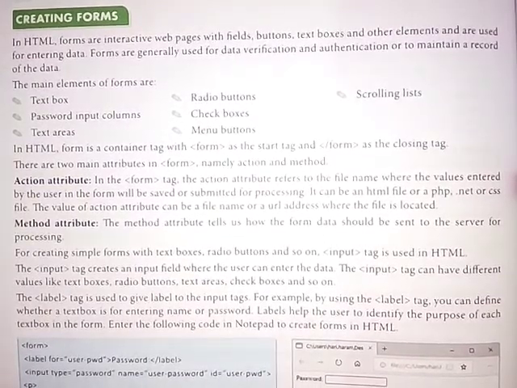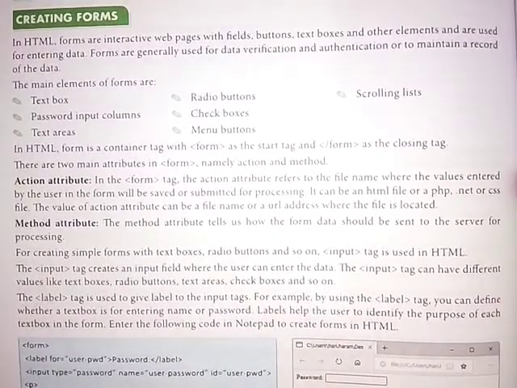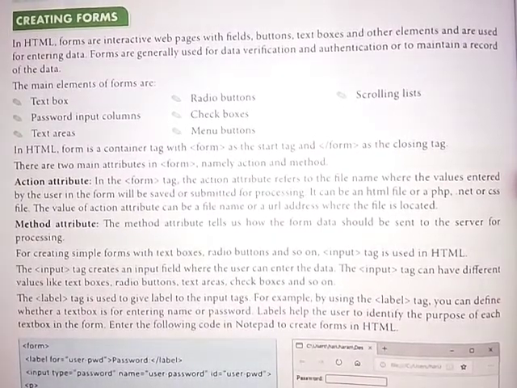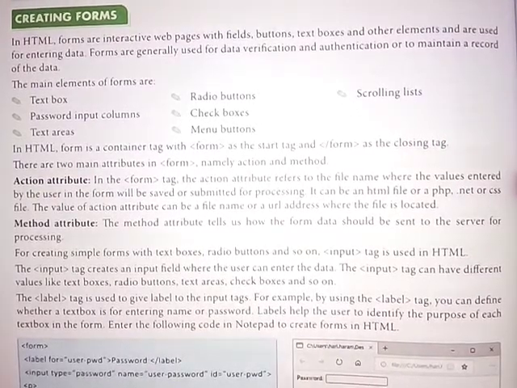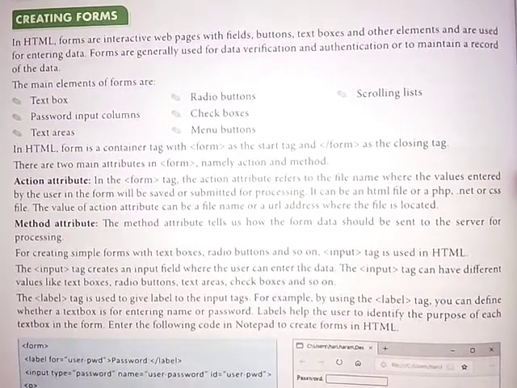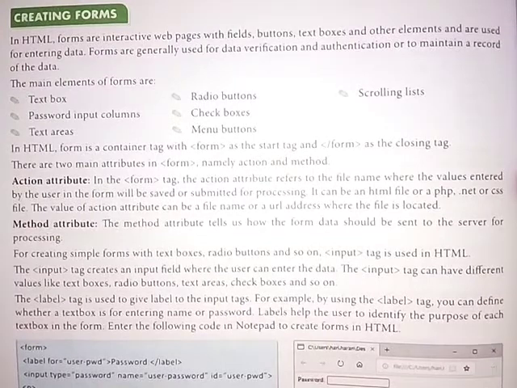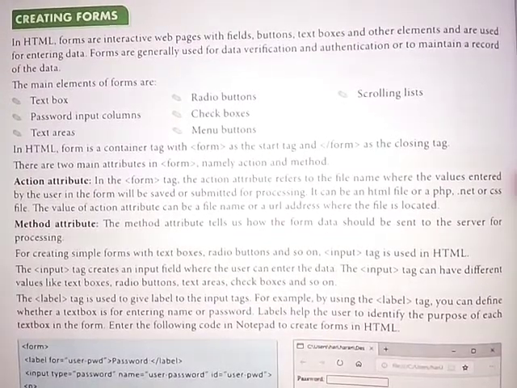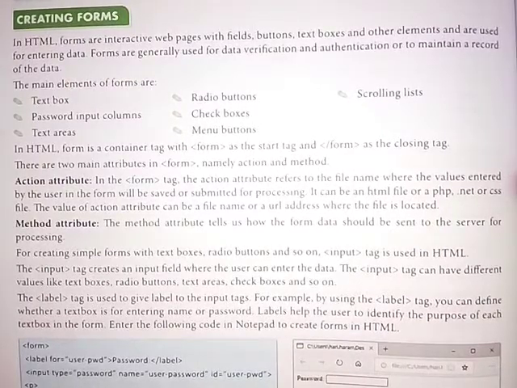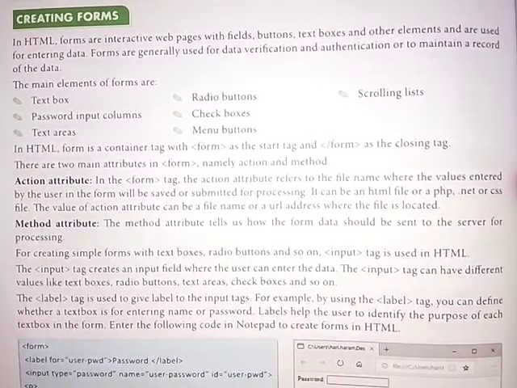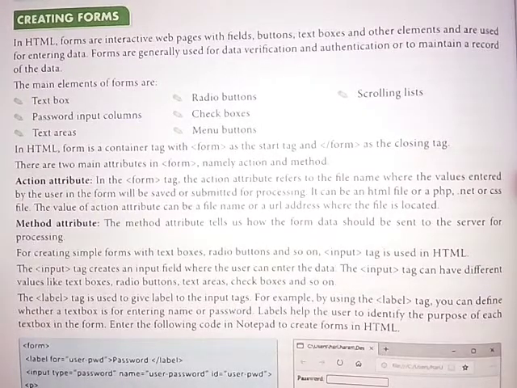The main elements of forms are text box, password input columns, text areas, radio buttons, check boxes, menu buttons, scrolling lists, etc. In HTML, form is a container tag with form as the start tag and slash form as the closing tag. There are two main attributes in form, namely action and method.